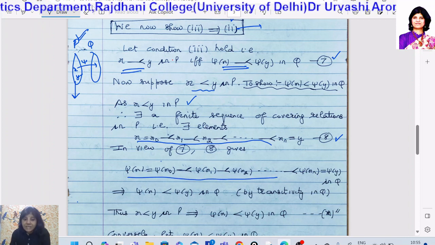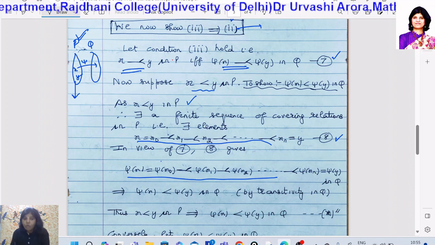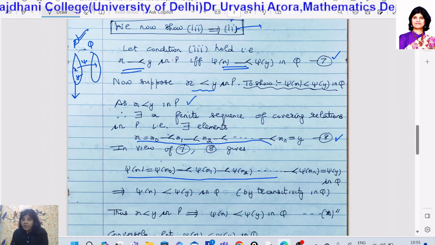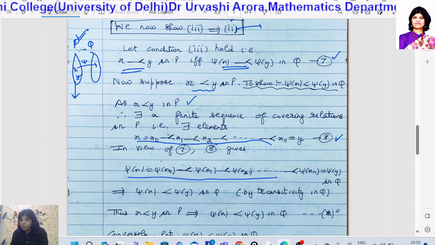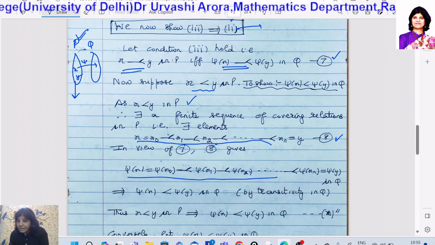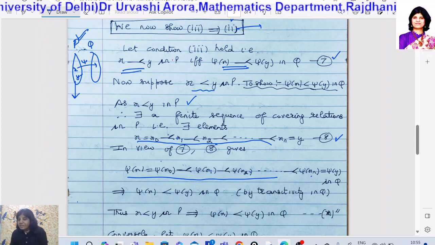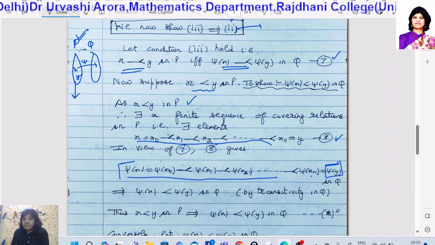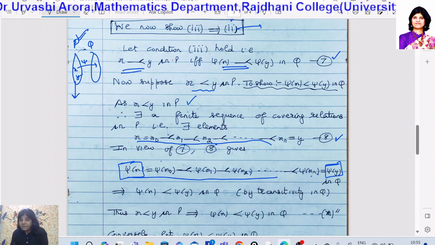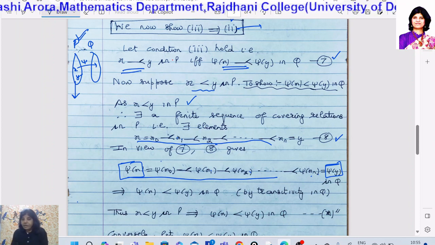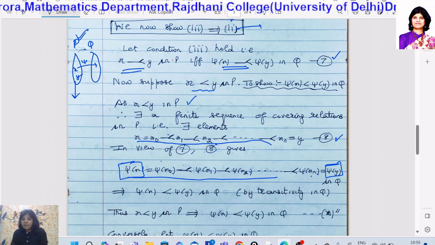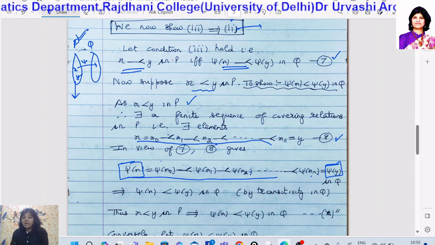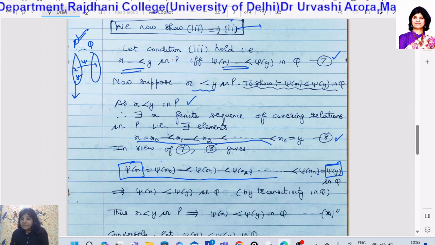This means psi x, which is psi x naught, is covered by psi x1, which is covered by psi x2, and so on. You will have psi x_{n-1} covered by psi xn, and psi xn is nothing but psi y. So there is a sequence of covering relations between psi x and psi y, and this finally implies that psi x is less than psi y in Q.